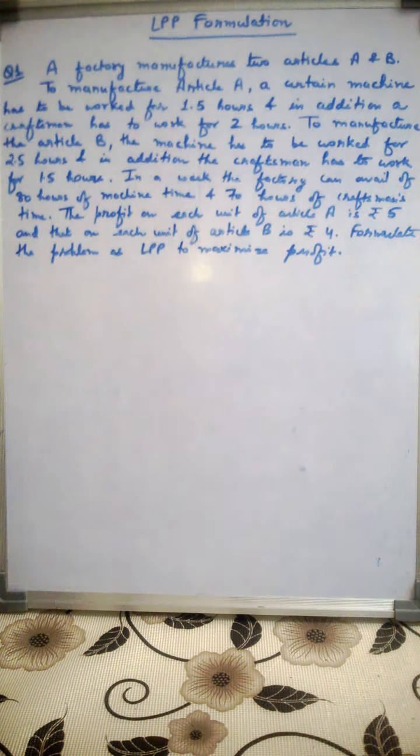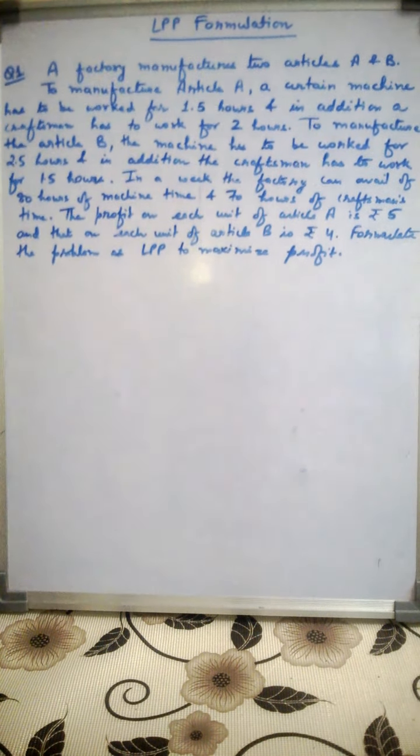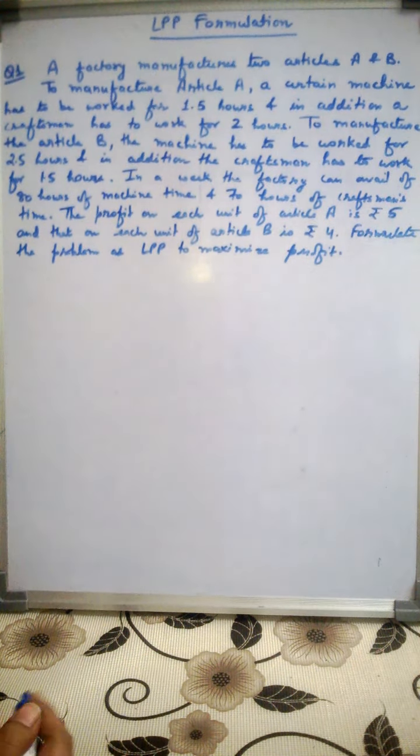In a week, the factory can avail of 80 hours of machine time and 70 hours of craftsman time. The profit on each unit of article A is rupees 5 and that on each unit of article B is rupees 4. Formulate the problem as a linear programming problem to maximize profit.